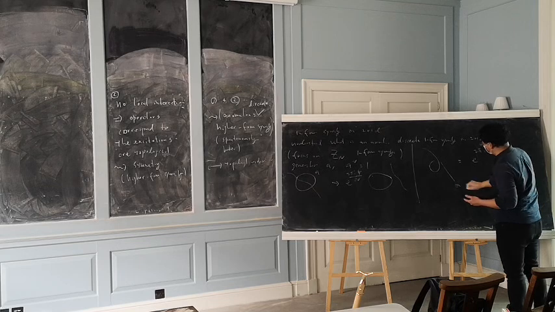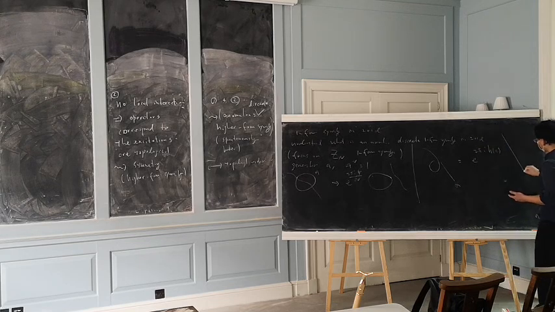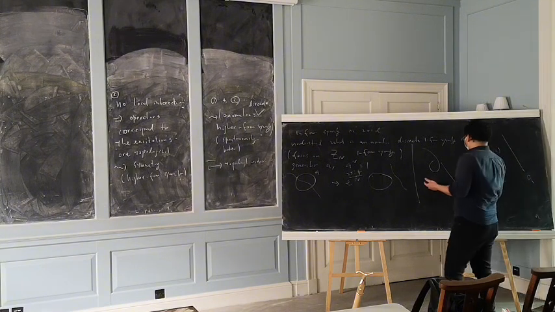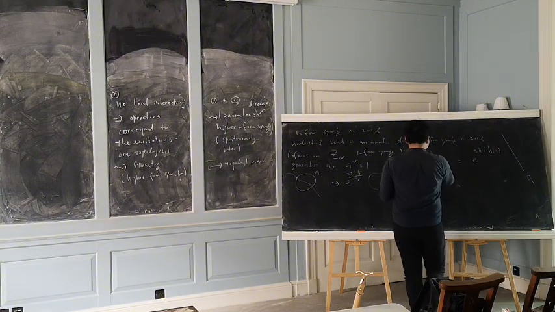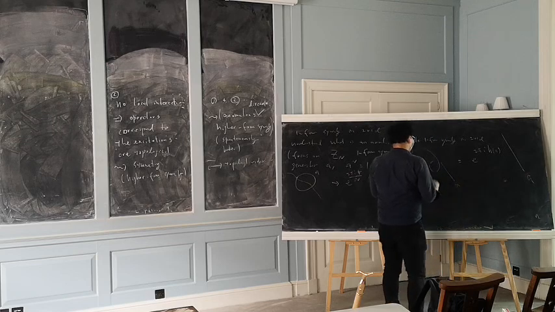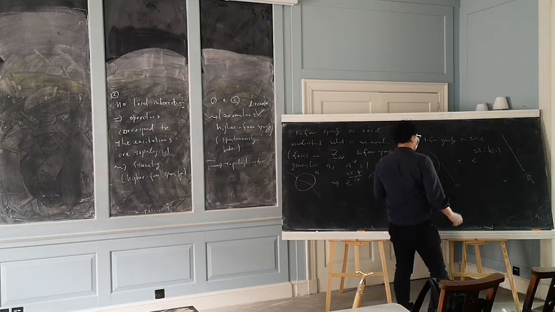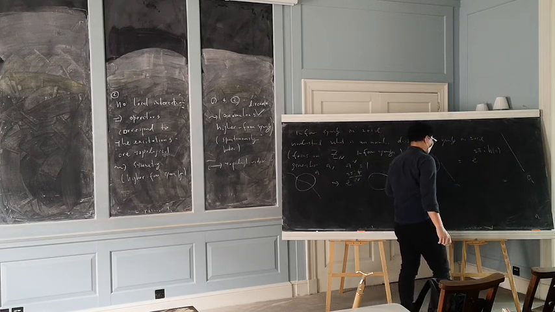So this is your generator A. You can think of this A as describing the worldline of a particle, and then this configuration is like rotating the particle by 2 pi. So this phase is related to the spin of the particle.